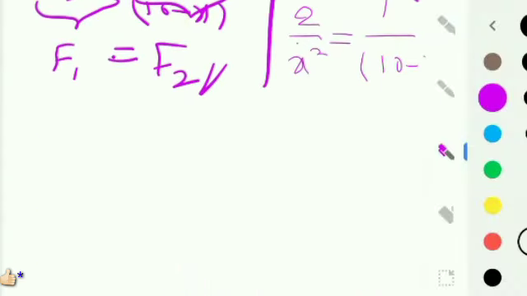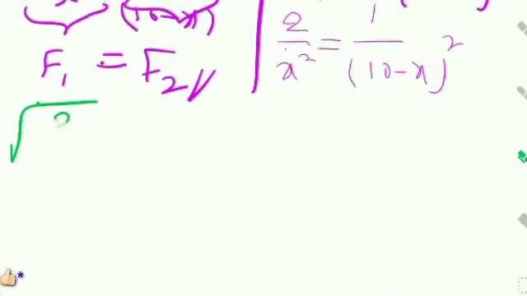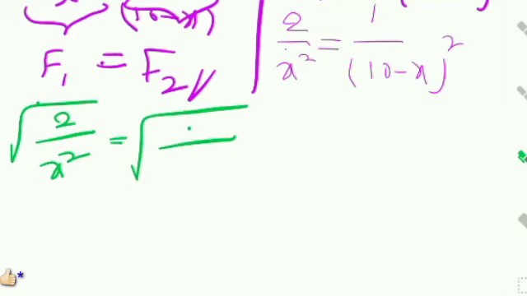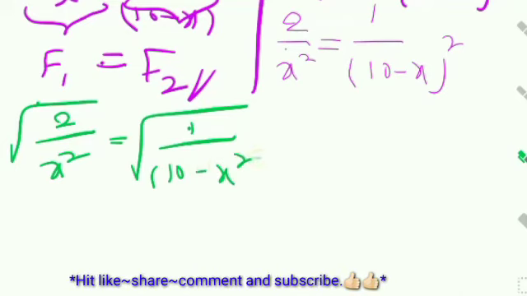Now solving this, we get 2 by x square is equal to 1 by 10 minus x square.